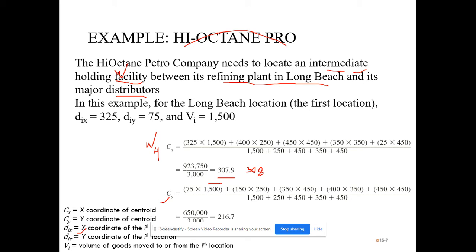In this case it's the volume between the refinery and that particular distributor, and here 75 is the y coordinate, so 150 and then volume, and divided by the summation of volume. So you see both of these denominators are 3000, both the numbers are the same here, but the summation of dix into vi and diy into vi is different between them. So the y coordinate comes out to be 217.